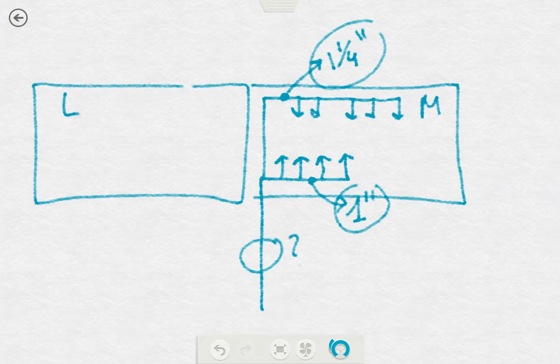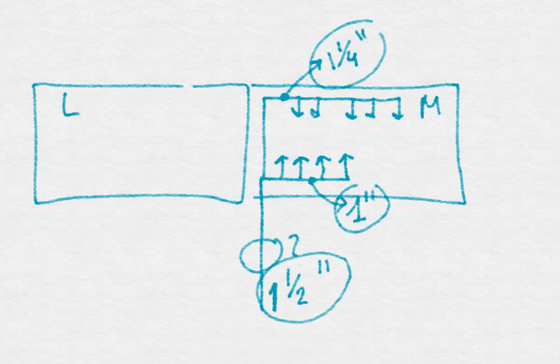This is not 2 1/4. So usually when we are connecting 2 branches, we can move to the next size. So I would say that this is 1/2 inches, because we have connected this one 1/4.